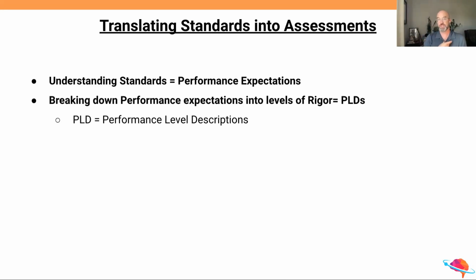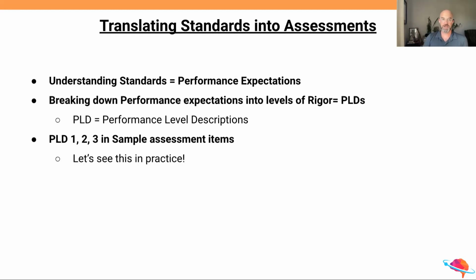We have a bunch of questions tagged to different levels of rigor, but we think about it in a different way, and they're not wrapping all three dimensions together. We'll go into examples so you understand what I'm saying, diving into example assessment items from New York State, released either prior to this year or this year, so that we can take a look at what those performance level descriptions look like in practice.